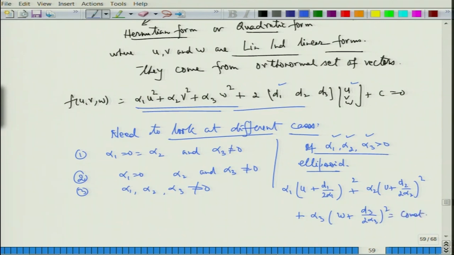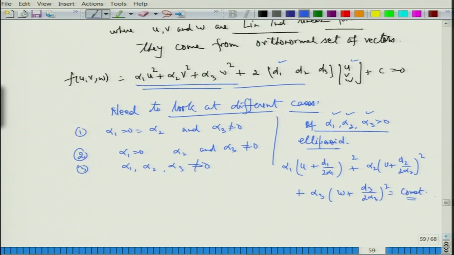Fine. So, if this constant is positive, you get an ellipsoid.